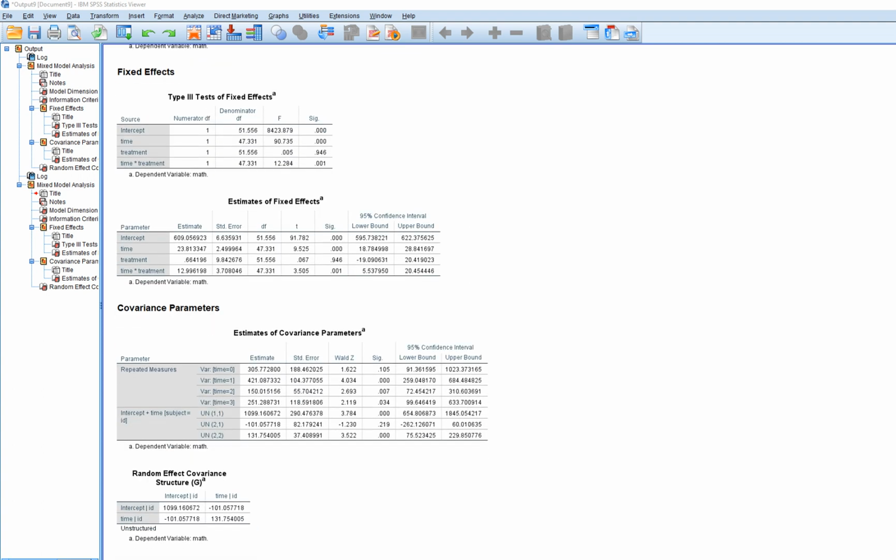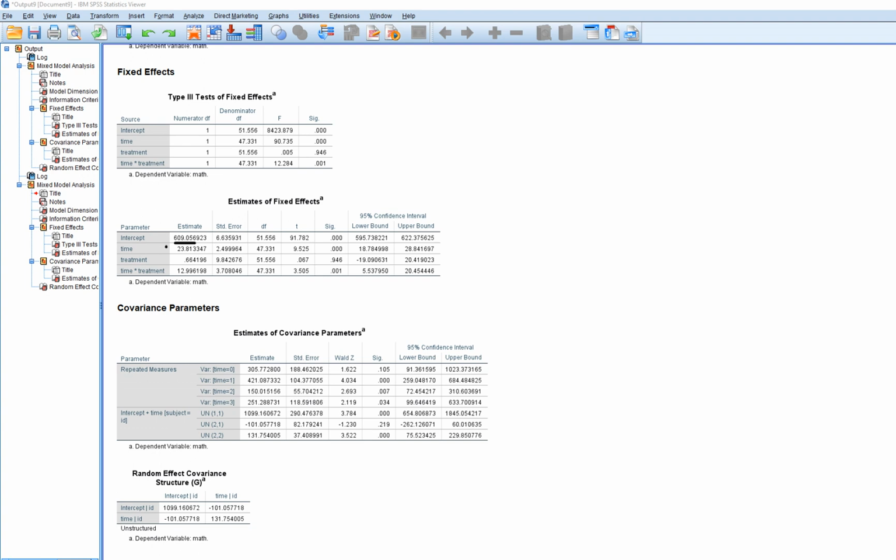So when we look at our estimates of fixed effects, we have our intercept, which again is basically reflecting our predicted math score at the initial status for those students in the control condition.